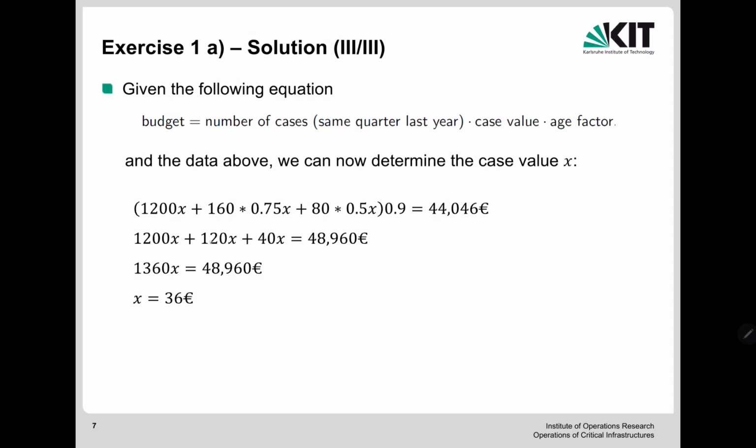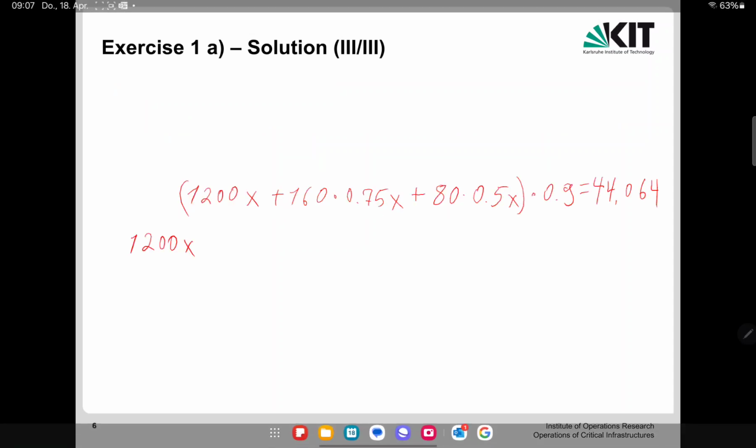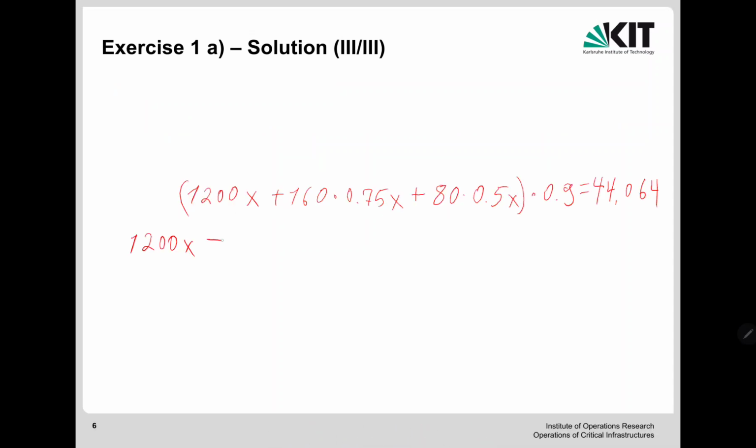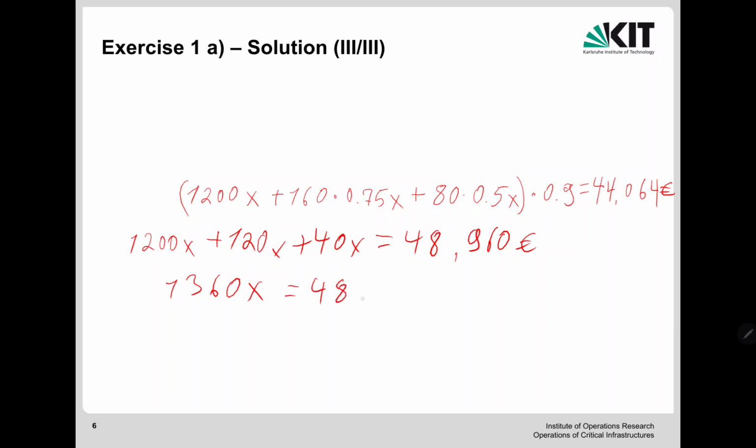Okay, so obviously this is a pretty easy calculation at the end. So we have 1,200 plus 120 plus 40. And on the right-hand side, 48,960 euros. Here also euros. And that means we have to solve this equation. 1,360 x should be 48,960 euros.